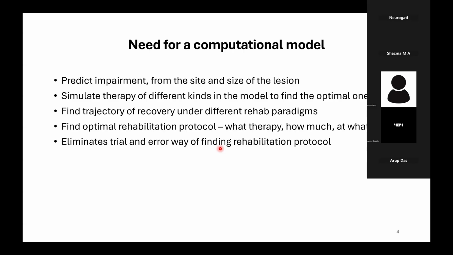And hence, the treatment is very highly time sensitive. That is, we need to start administering the treatment as quickly as possible in order to make sure that the recovery is as good as we can hope for. Therefore, we cannot use a trial and error way of looking at the rehabilitation protocol, and we need to have an optimal rehabilitation protocol already found as soon as the patient is out of the ICU.